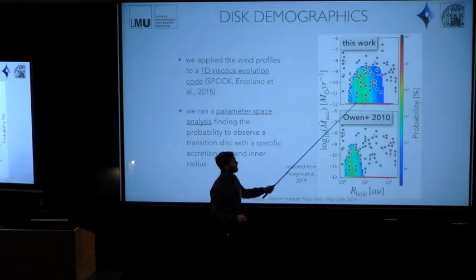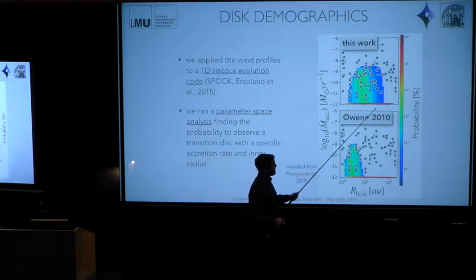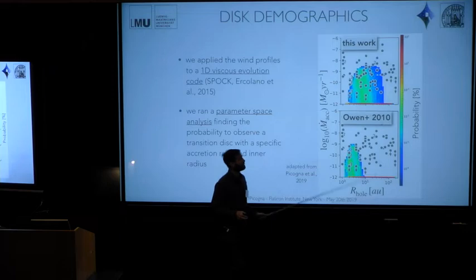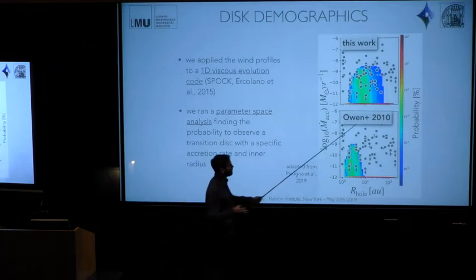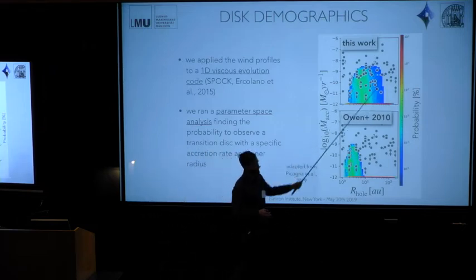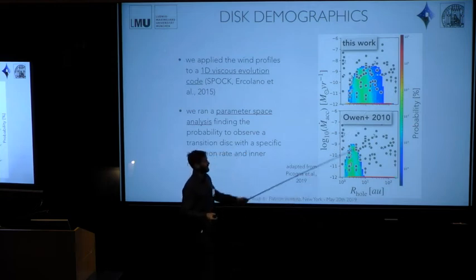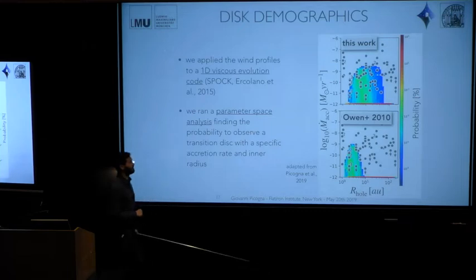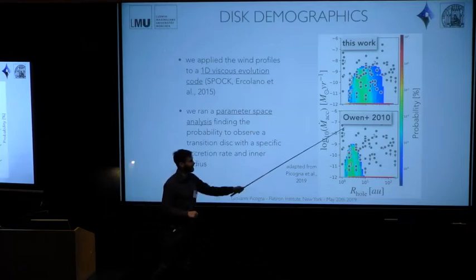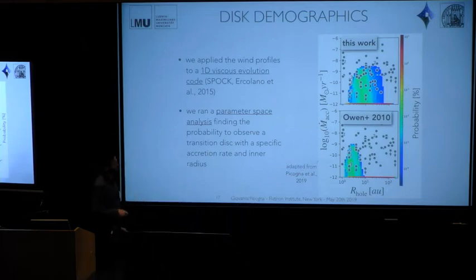This is our new model, where we can explain gaps up to 30 to 40 AU, and so a much larger fraction of the observed transition disks. Not all: there's still this part of the graph populated by larger holes and larger accretion rates, which we can't yet model using only photoevaporation. But still, we expanded this region much more.